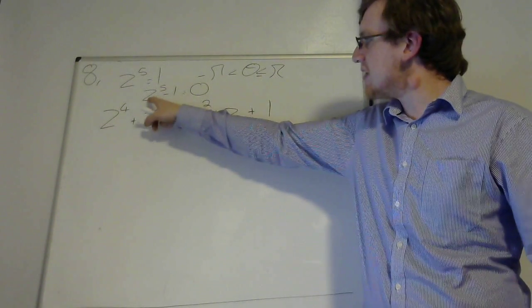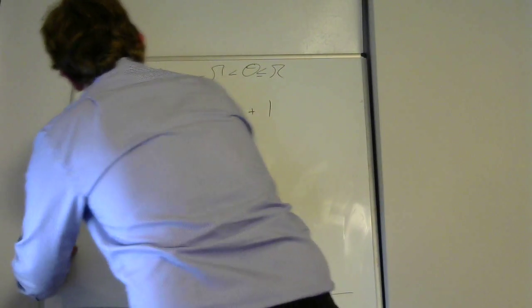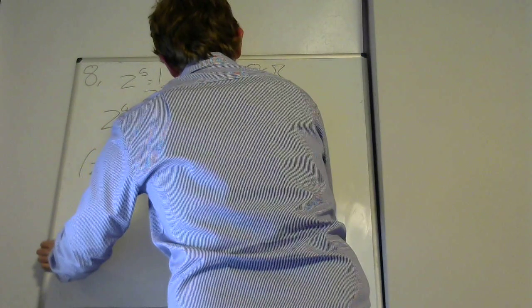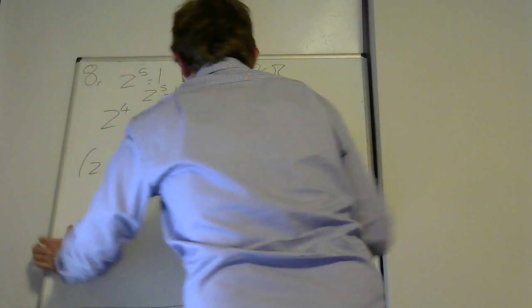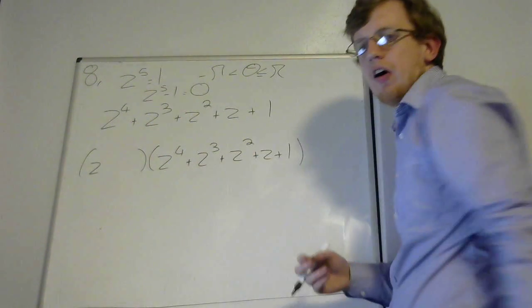Well, I can see how to get the z to the 5. I'm going to multiply this whole thing, z to the 4 plus z to the 3 plus z to the 2 plus z plus 1, by z. If I multiply this whole thing by z, I get my z to the 5.